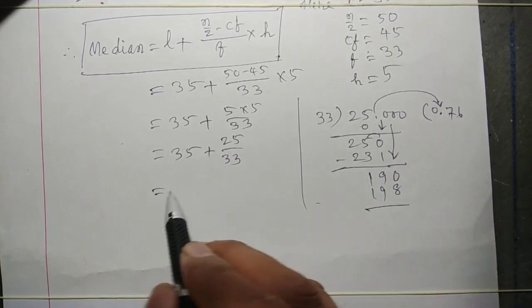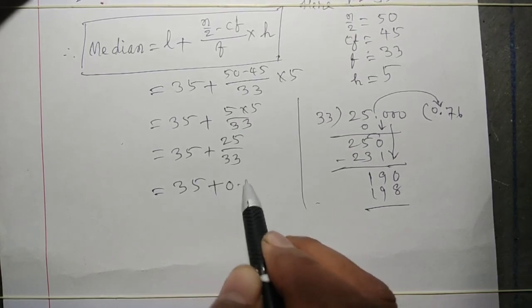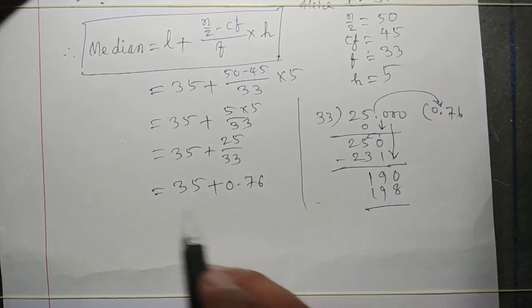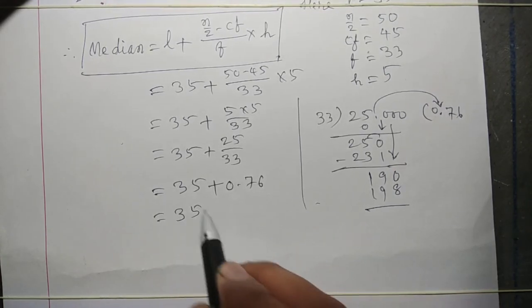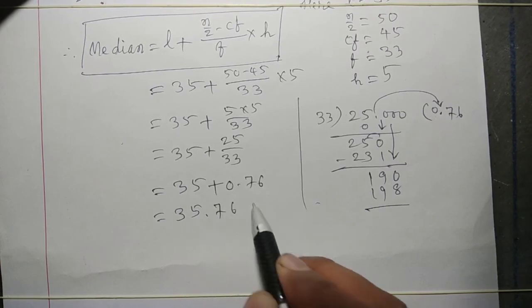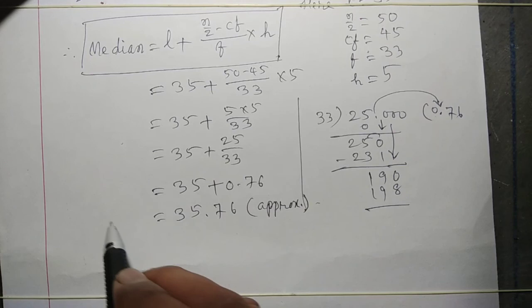So 35 plus 0.76 approximately is 35.76 approximately. So this is the median.